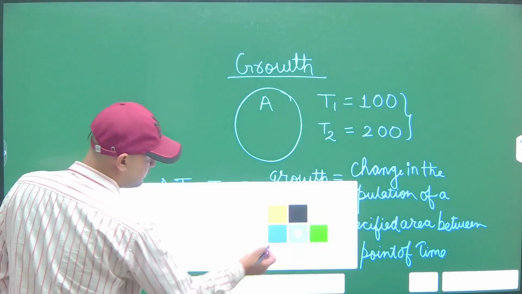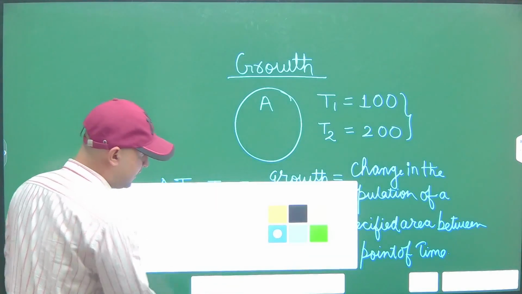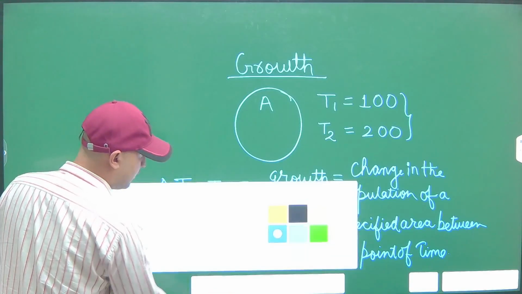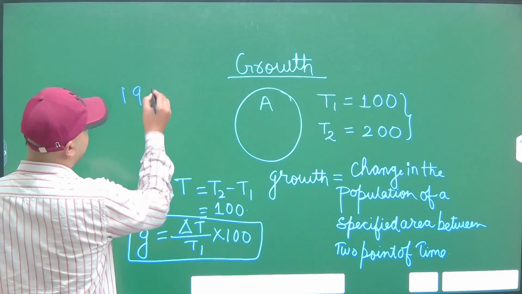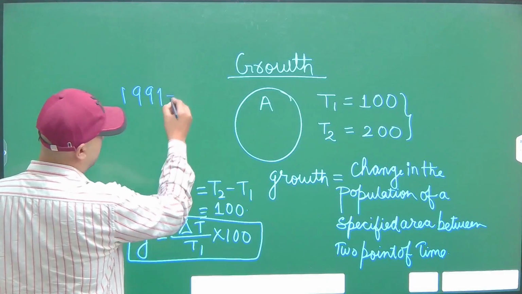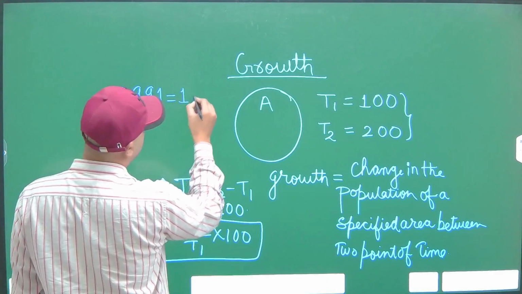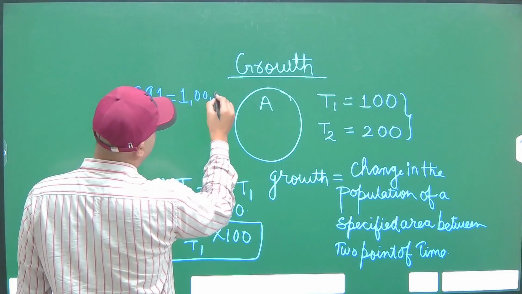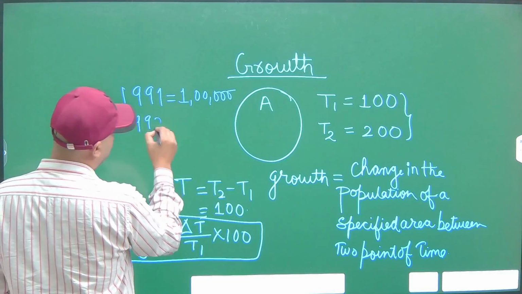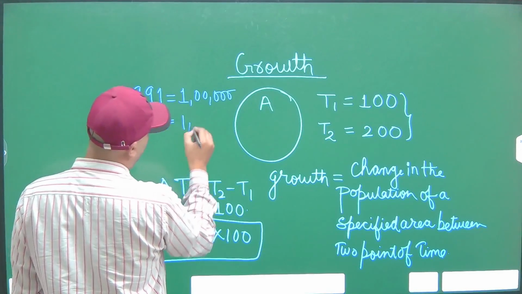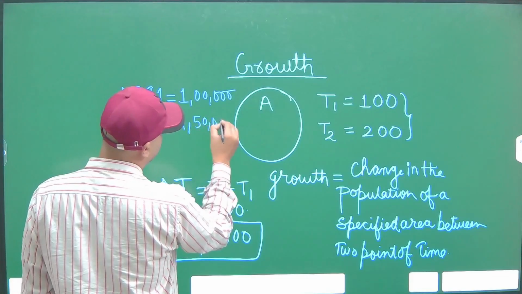Suppose, let us understand it in absolute terms. In 1991, the population is, suppose, 1 lakh. In 1992, the population becomes 1,50,000.